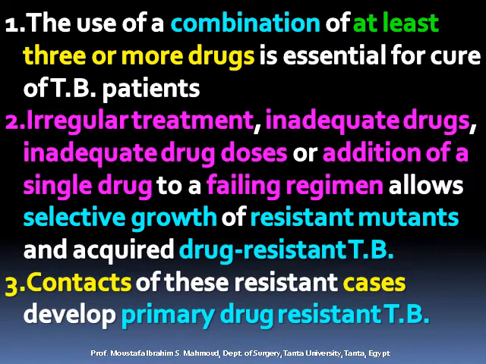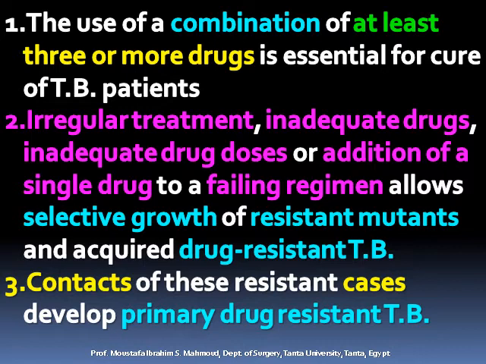Irregular treatment, inadequate drugs, inadequate drug doses, or addition of a single drug to a failing regime allows selective growth of the resistant mutants and acquired drug resistance TB.